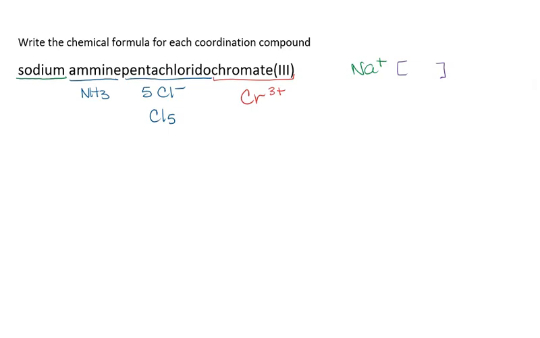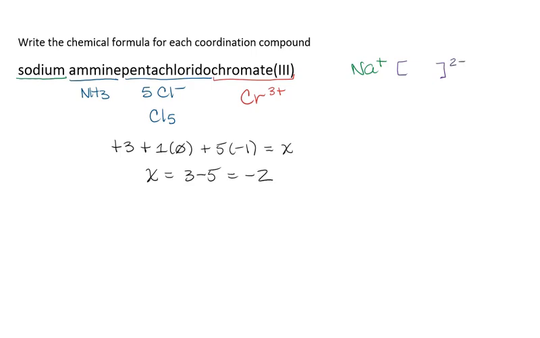The next thing I'm going to do is figure out what is the charge on my complex. So I have a +3 coming from the metal ion. I have 1 ammine, and I have 5 chlorides that are -1s, and that is going to equal x. And when I do the math, I end up with x equals 3 minus 5, or -2.